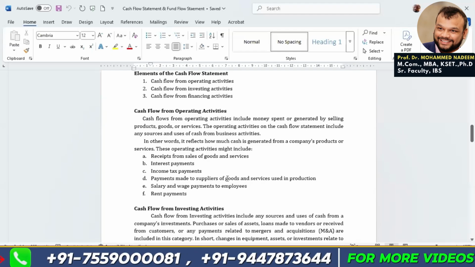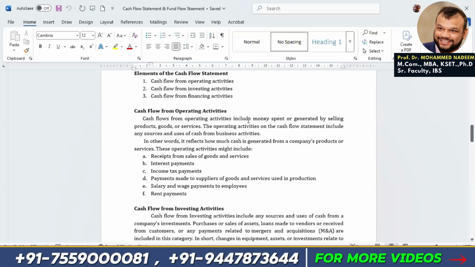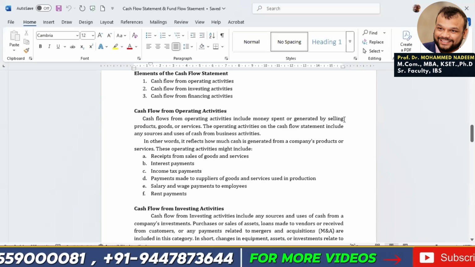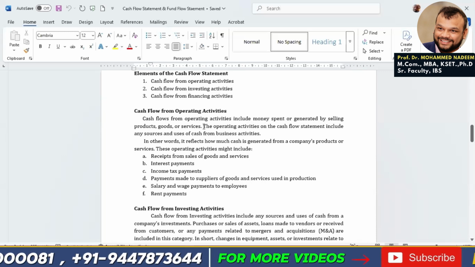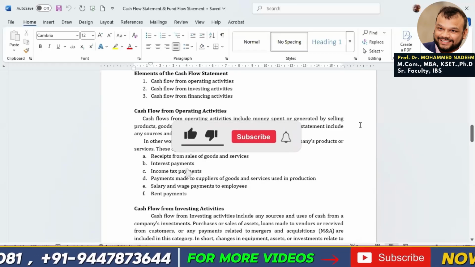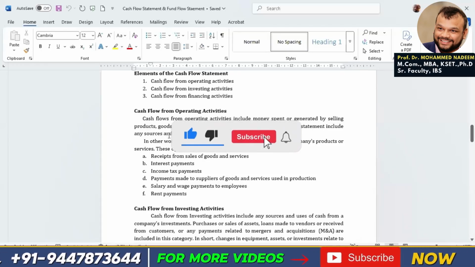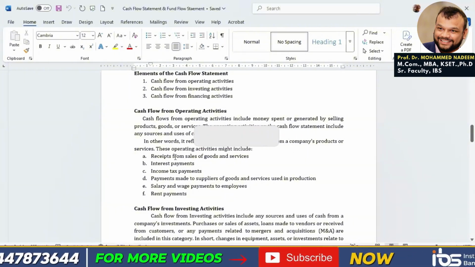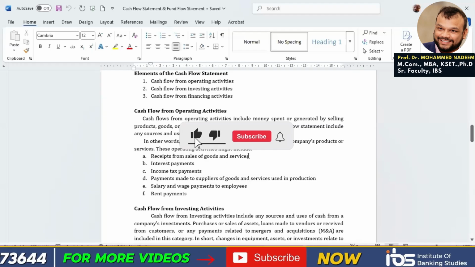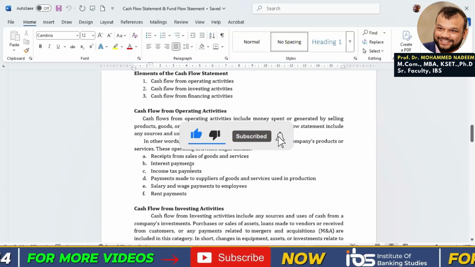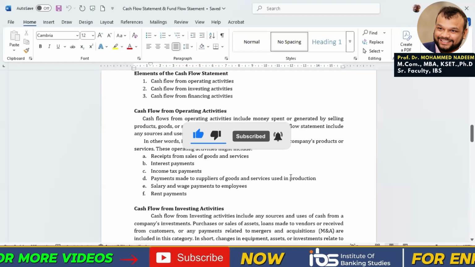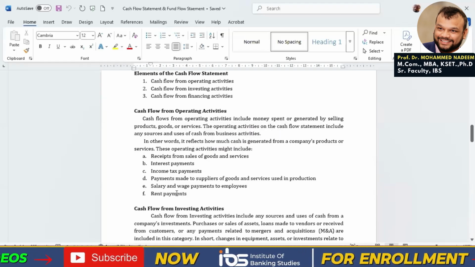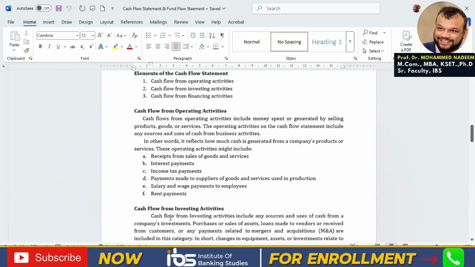So operating activity is nothing but cash flow from money spent first, or generated by selling products, goods or services. Operating activities in the cash flow statement include sources and uses of cash from business activity. Examples are receipts from sale of goods and services, interest payment, tax payment, payment made to suppliers of goods and services, salary and wages payment to employees, rent payment. These are examples of operating activities.